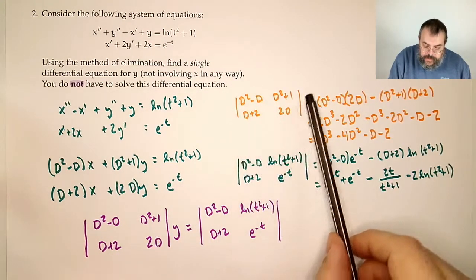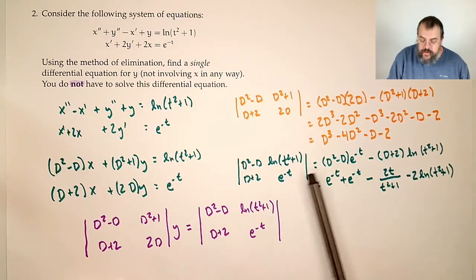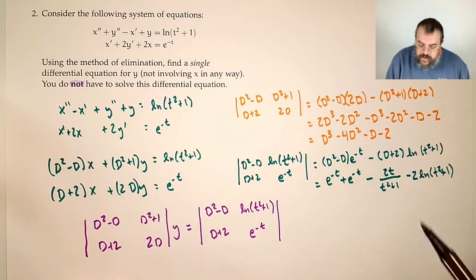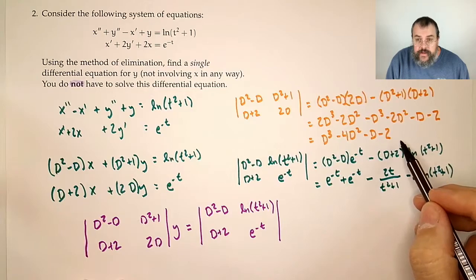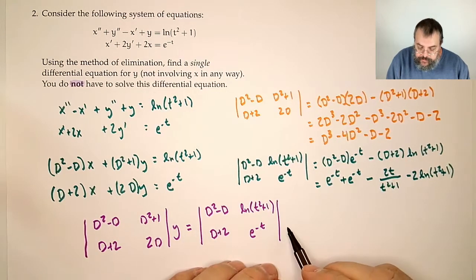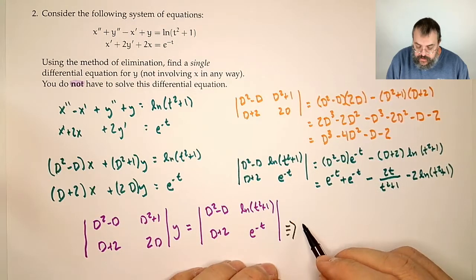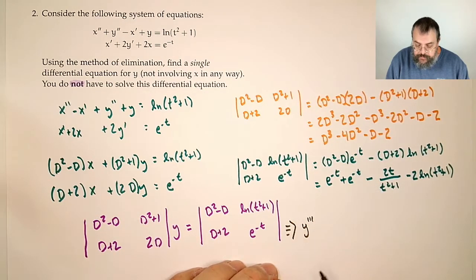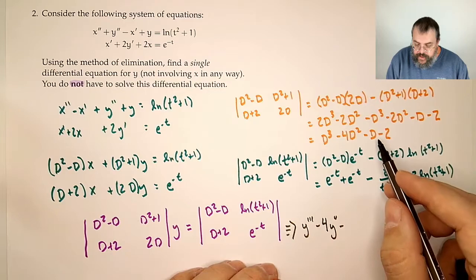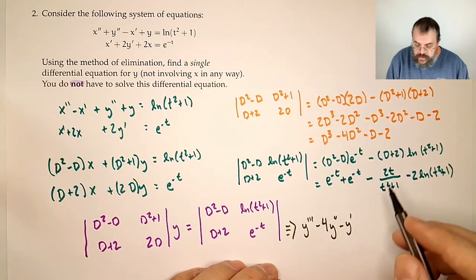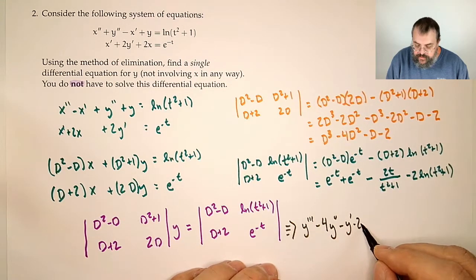So remember, this part is multiplied by y. So if you imagine, you say, oh, if I imagine writing a y here, what would we have? Well, we'd have third derivative of y, so y triple prime, minus 4, d squared means second derivative, minus first derivative, minus 2 times the function.